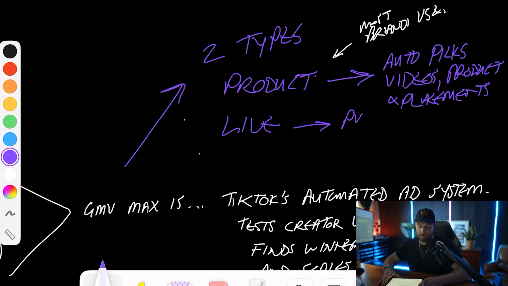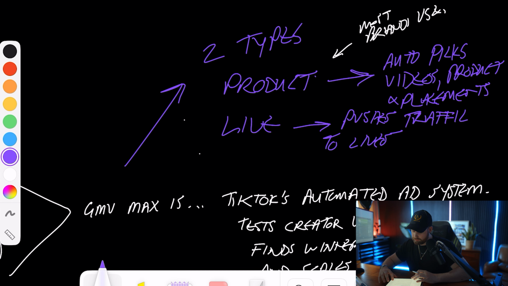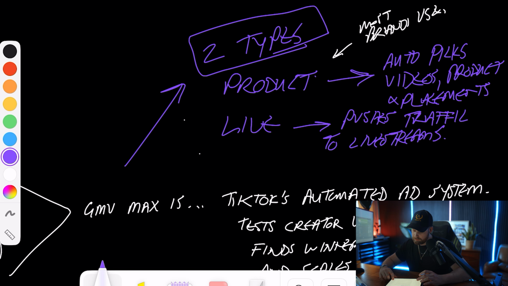Live GMV Max pushes traffic to your live streams to generate sales. So whenever you do a live, you can run these campaigns and it will help bring traffic to your live streams. Those are the two types of GMV Max that you can set up.